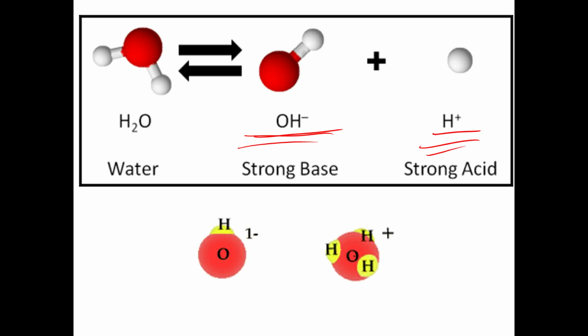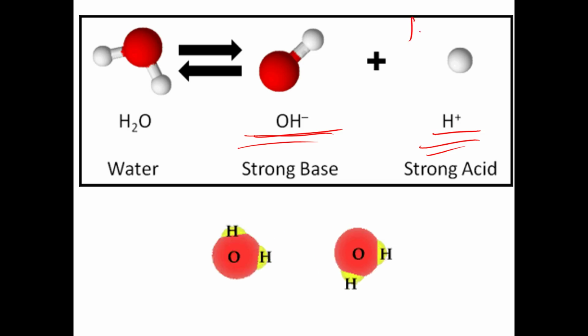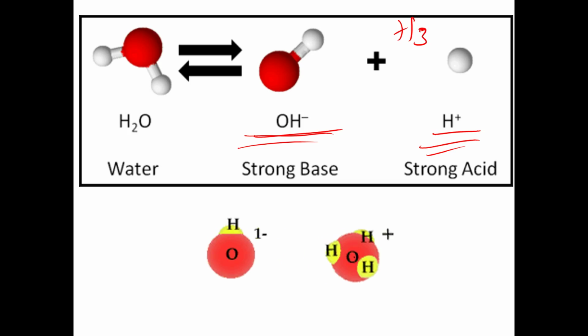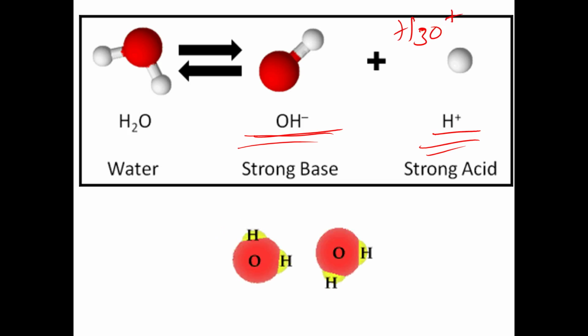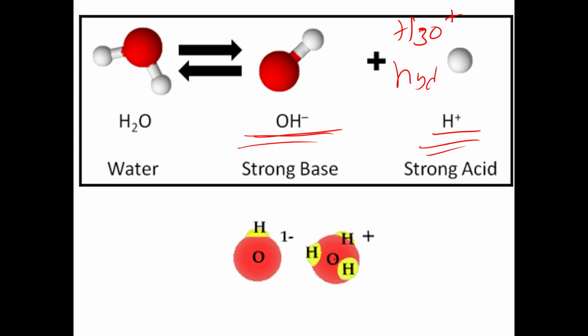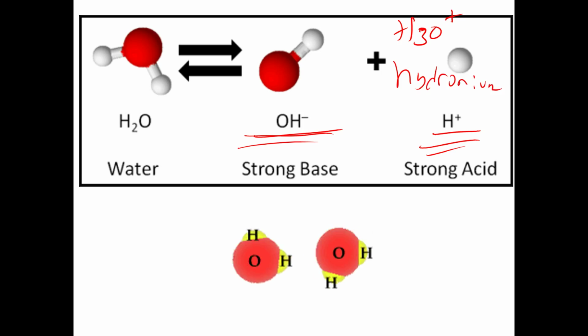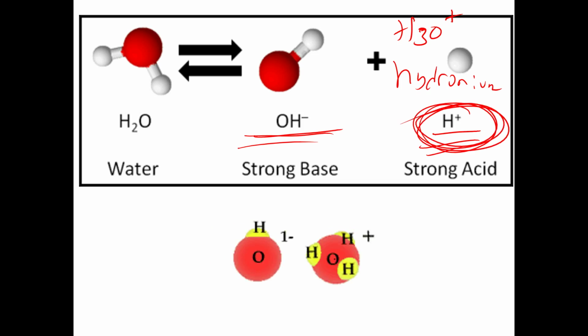Your hydrogen ions are actually referred to as H3O plus, something that we call hydronium, but for all intents and purposes, we're going to use the H plus. It makes it really simple.